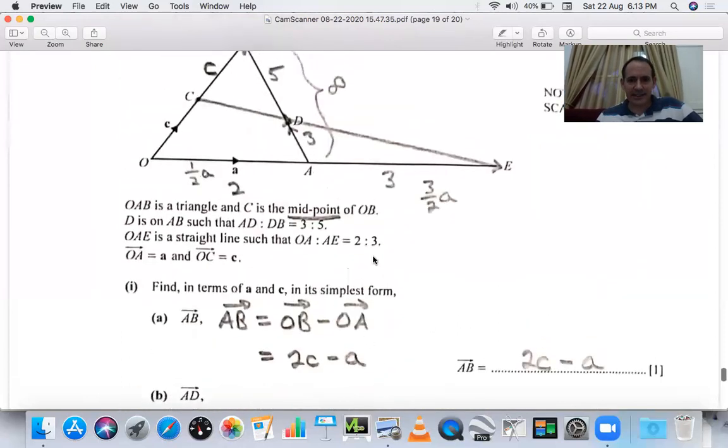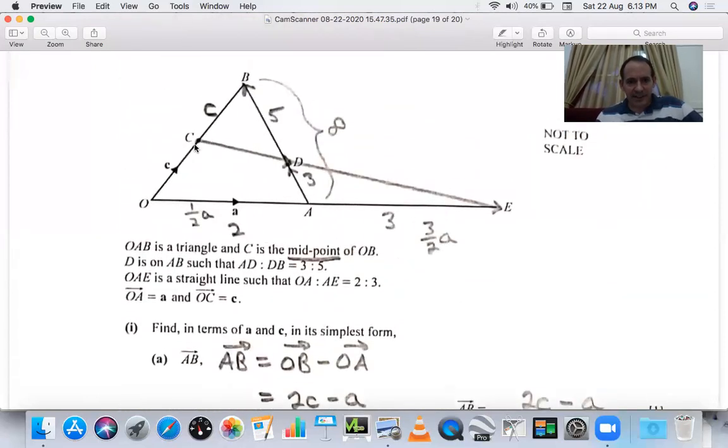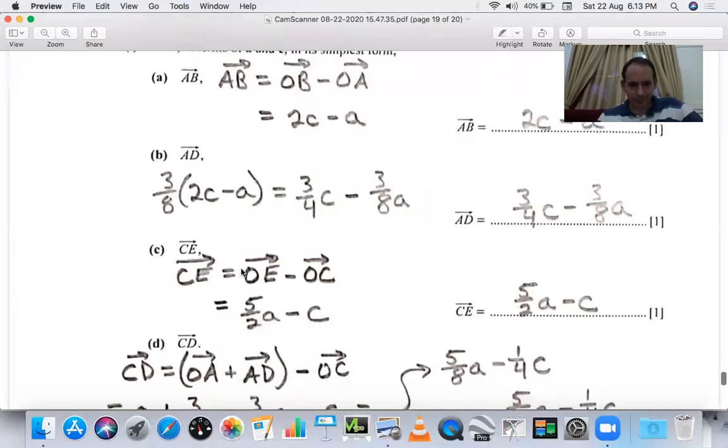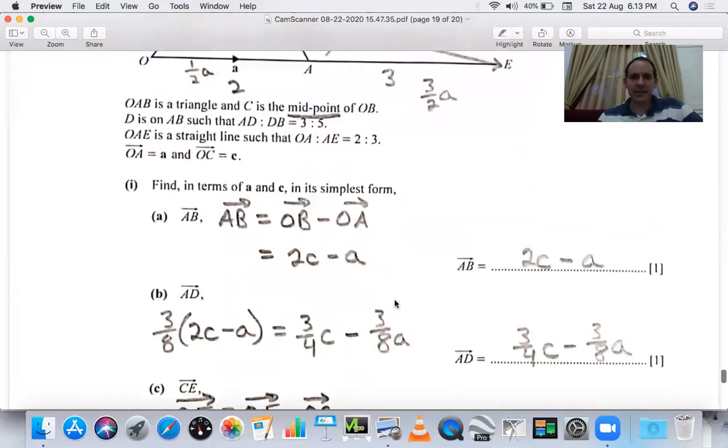Now C to E. C to E is from here all the way out to here. So we want to go from OC, and we can't go directly here because we don't know these yet. So if we're going C to E, end minus start, so OE minus OC.